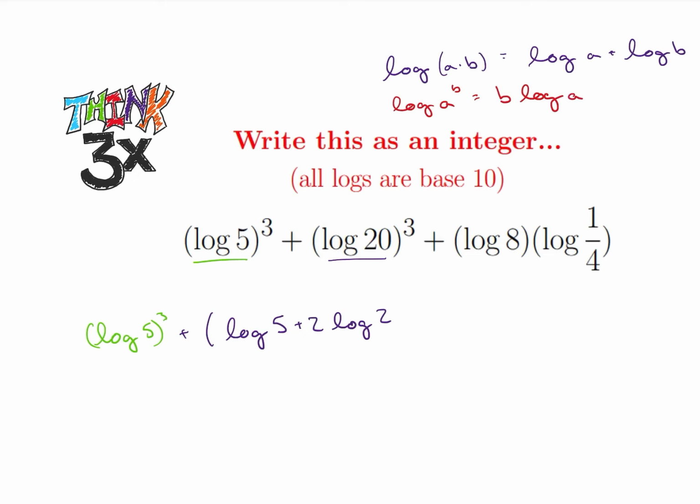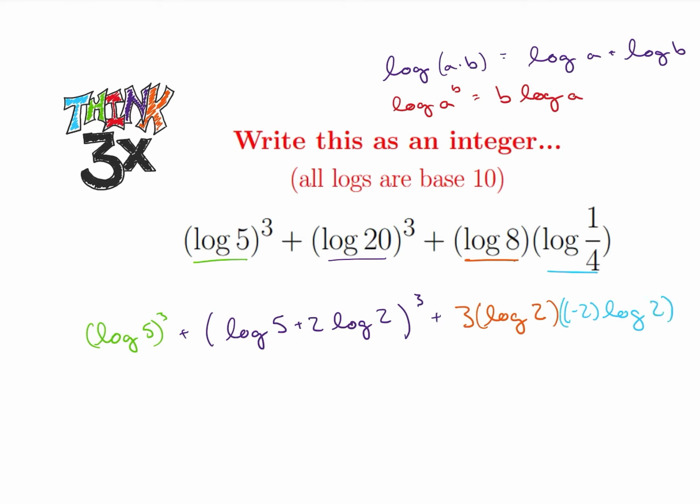So log of 4 is equal to 2 log of 2. That whole thing is cubed. And this is going to be plus, I notice that 8 is 2 cubed, so that's going to be 3 log of 2. And then 1/4 is 2 to the negative 2, so this is going to be times negative 2 log of 2.